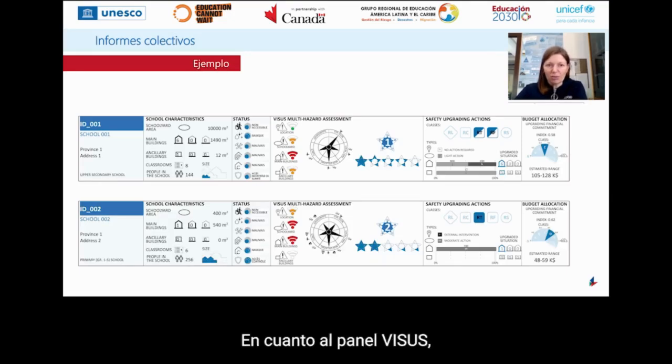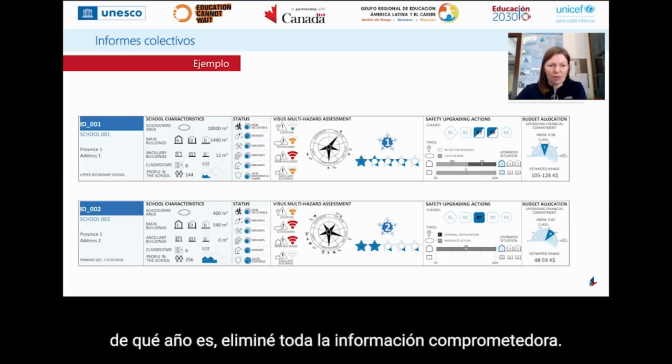Concerning the VISUS summary panels, here we have 2 examples. As you can see in the panels, here I removed all the relevant information.